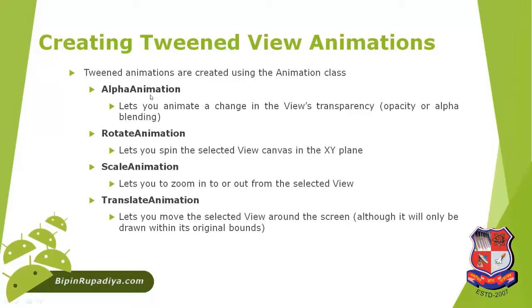If you specify minus values, it goes right to left. Same way for the y-axis, positive values go up, and minus goes down. So these are the four types of properties available under tween animation.